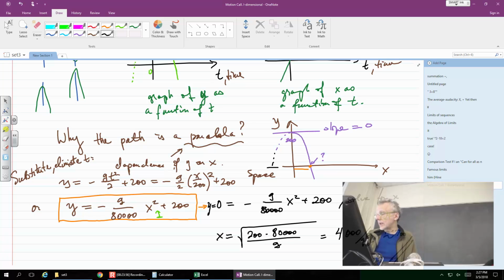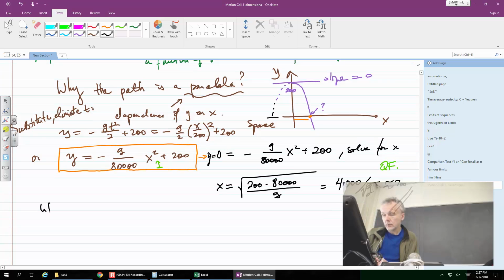One more issue is that I mentioned before. The drawback of the choice of the way we chose to solve the problem is how do we answer the question, what is the velocity at impact?